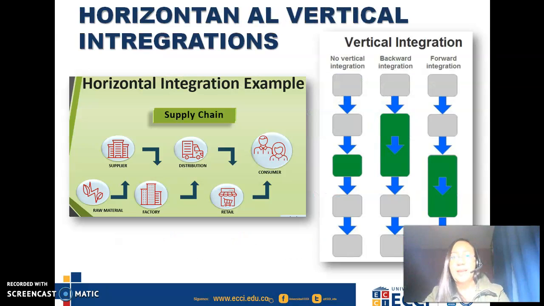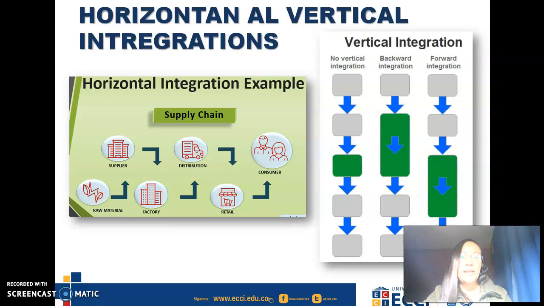And now let's see the horizontal and vertical integrations. Horizontal and vertical integration are strategies used by businesses in the same industry or processes. In horizontal integration, a company takes over another that operates at the same level of the value chain in an industry.